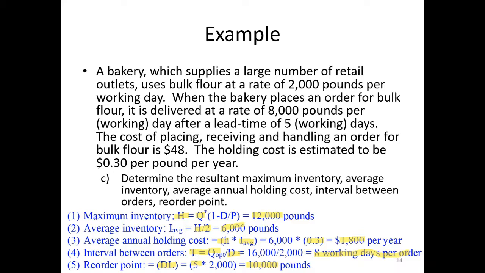Yes, the maximum inventory level is 12,000, and when you consume only 2,000 pounds, you should place an order for the Q star quantity that we have calculated. So this is how we use the EPQ model to treat this problem.